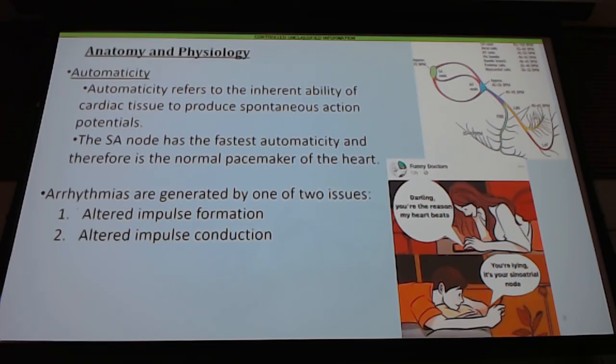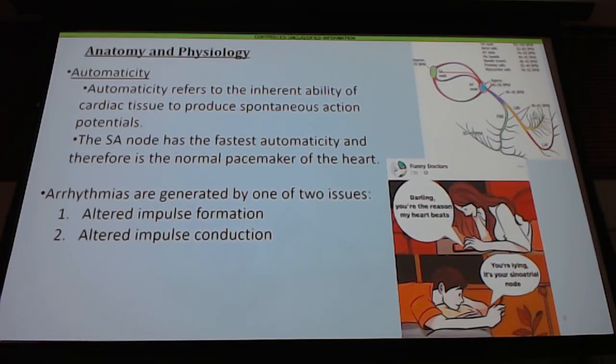The SA node generates the action potential, which propagates down to the AV node. By the time the AV node is ready to generate its own action potential, it's already depolarized because the action potential from the SA node has already arrived there. So you don't get another action potential generated to trigger a discoordinated response.